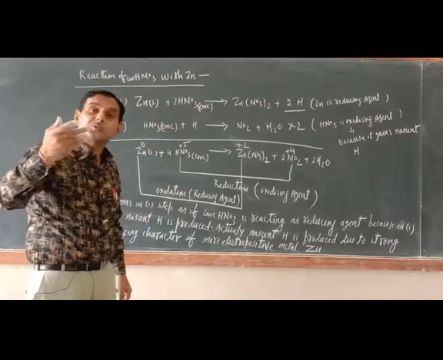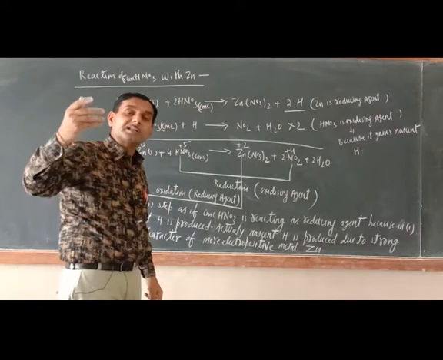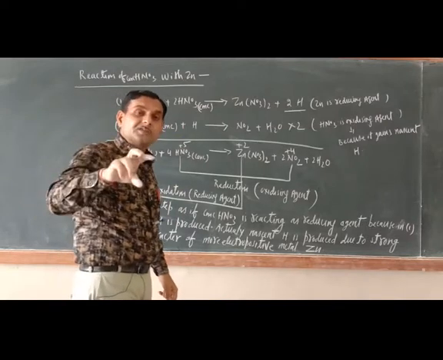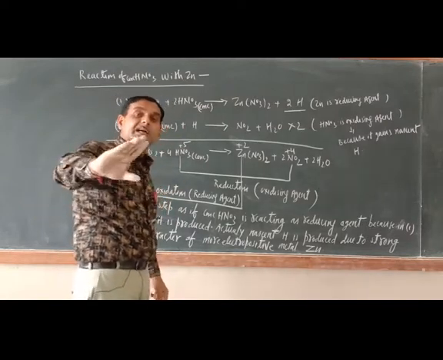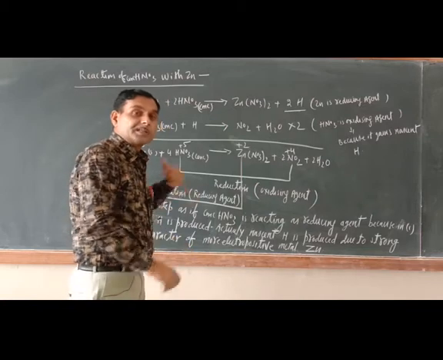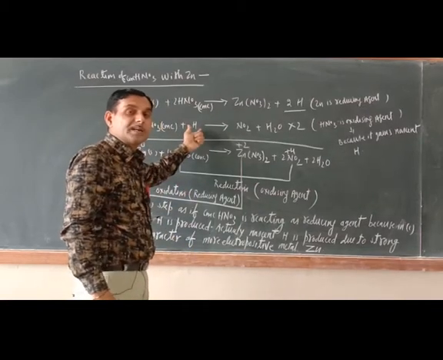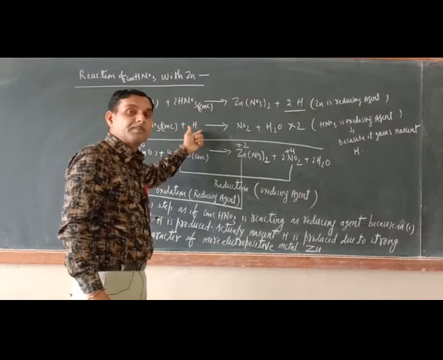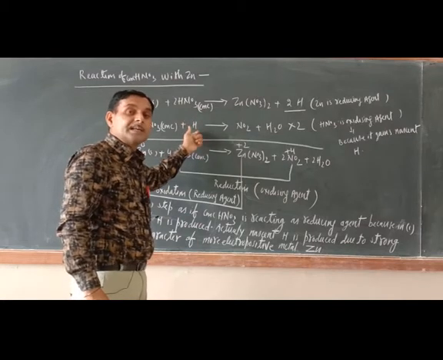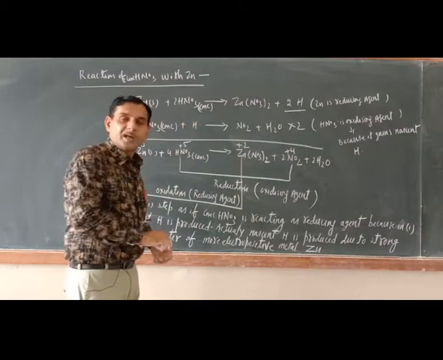So HNO3 should have been the reducing agent, because what is the definition of a reducing agent? A reducing agent is the substance which furnishes nascent hydrogen. So it seems that HNO3 is furnishing nascent hydrogen in step one, hence it is a reducing agent. It is wrong.